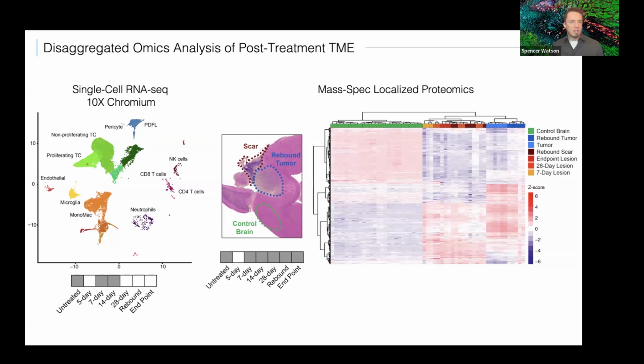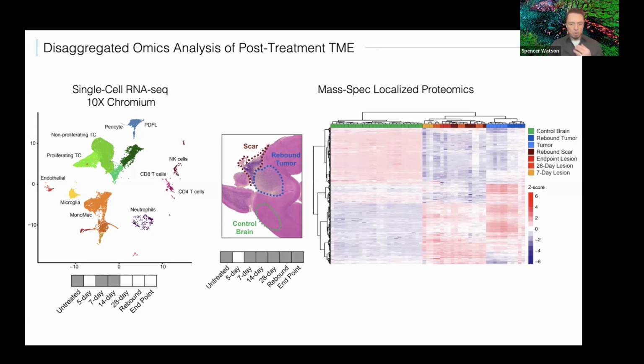So we started with single-cell RNA-seq, looking at samples from untreated, comparing that to 7 days and 14 days post-treatment. We also did a really large-scale mass spec proteomic study where we did manual microdissection to try to isolate individual regions from each of the tissue sections, and then pooled these together for mass spec proteomics.